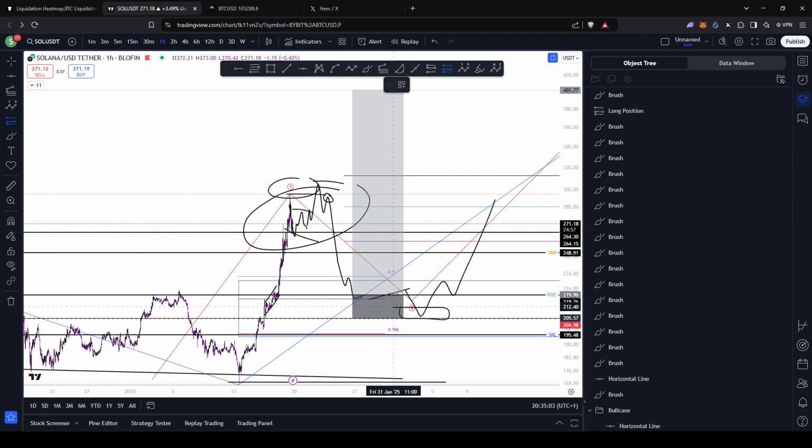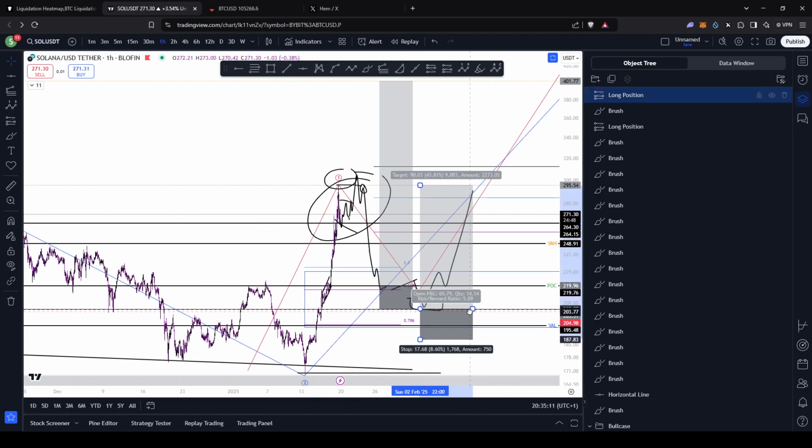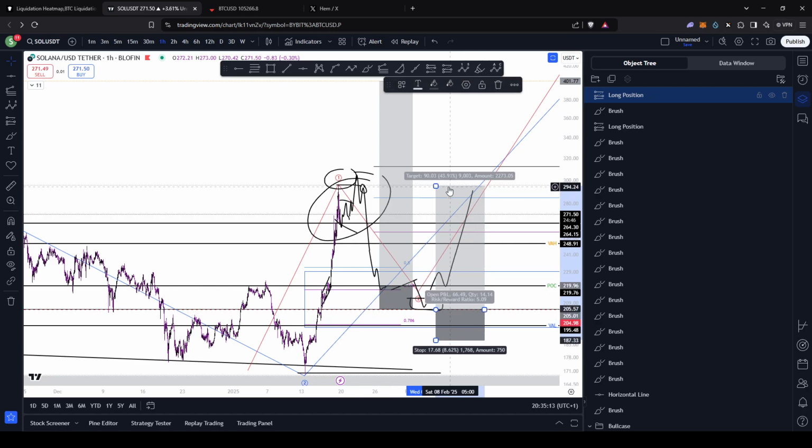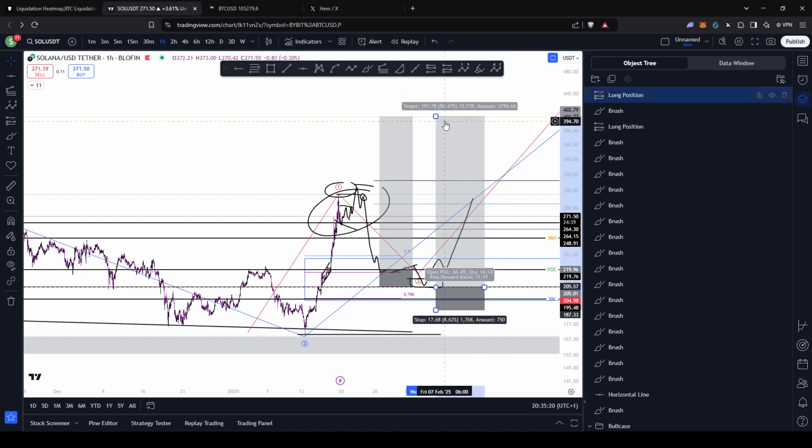That would be some sort of initial trade, and this would be your optimal trade, where you have your stop loss below the 786, and then you initially target that previous high. That's a 1.25, and then a potential moon bag up into those 1618 fib at 1 to 11 risk to reward. So those are trades I would be looking at once, or if, we get a correction wave for Solana.